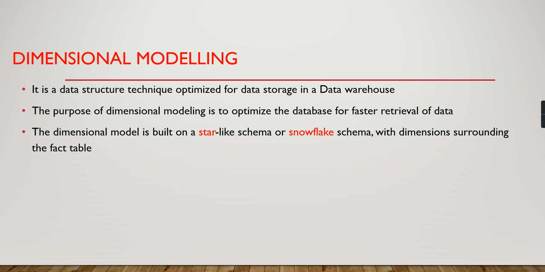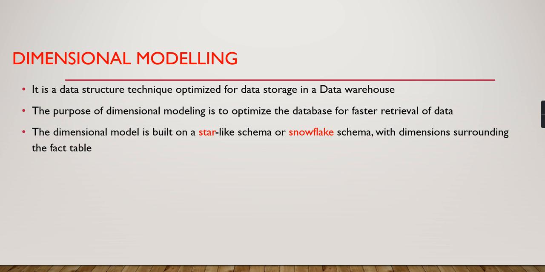Let's start with the definition. It is a data structure technique optimized for data storage in a data warehouse. Basically, to build the data warehouse, you follow the dimensional modeling approach. The purpose of dimensional modeling is to optimize the database for faster retrieval of data.